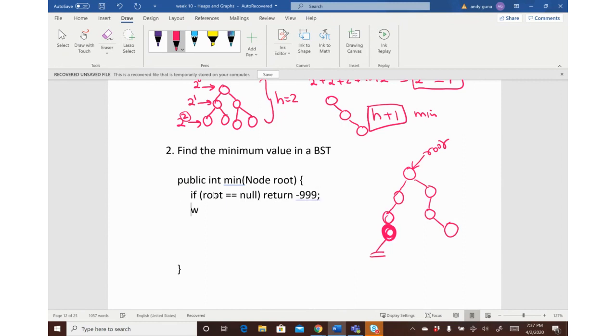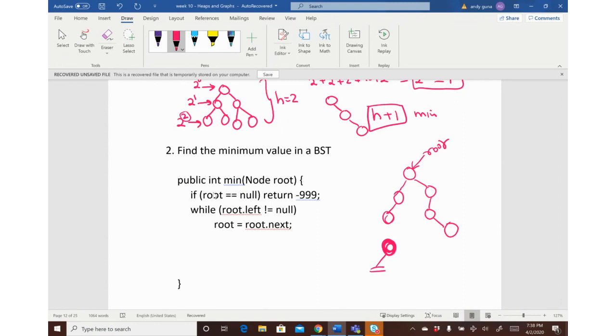Otherwise, while root dot next is not null, we assign root to root dot next. Not next, that's not right, because we're looking at a BST or binary tree.